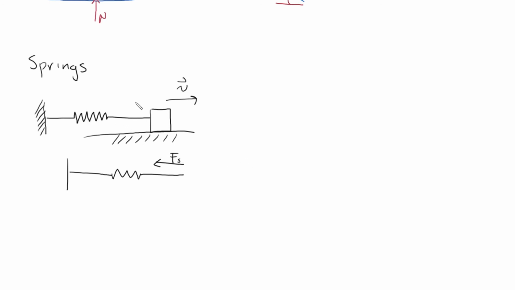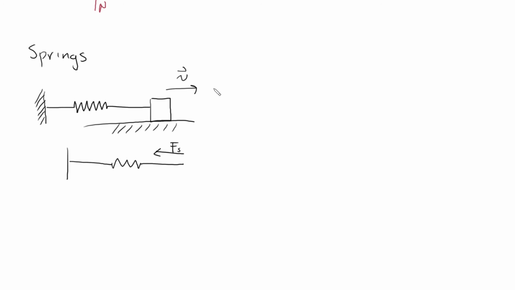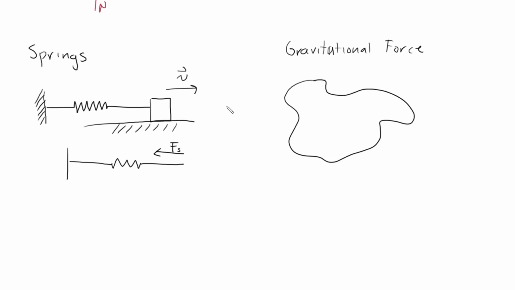Another thing that we hinted at before in a previous problem is the idea of gravity. If we have a body or some sort of particle, but we're going to generalize it by using a rigid body, gravitational force. We could have an arbitrary shape, and the gravitational force always acts at the point of center of mass.